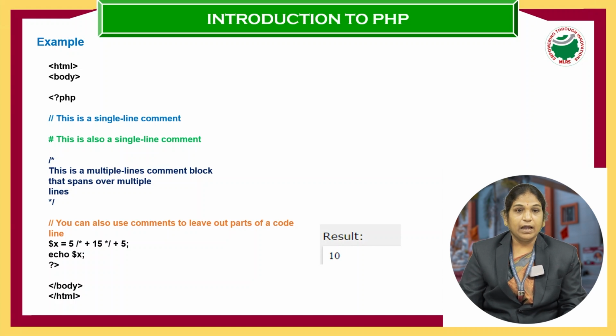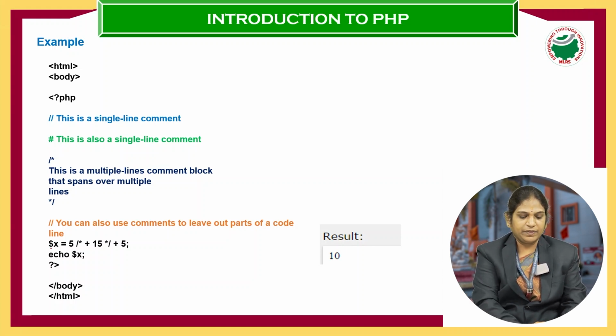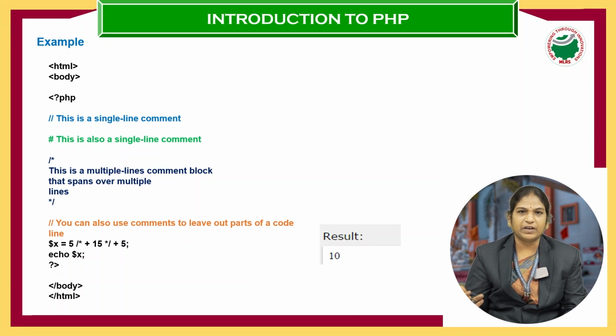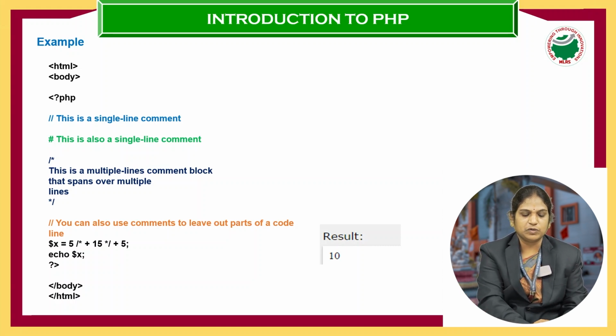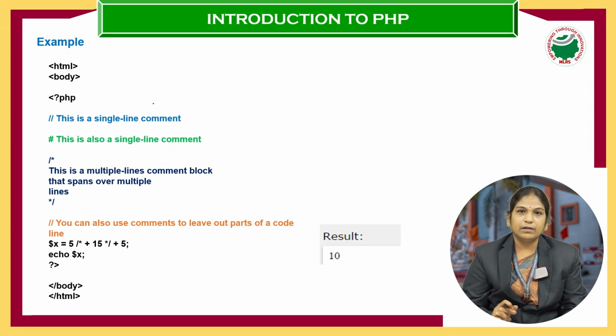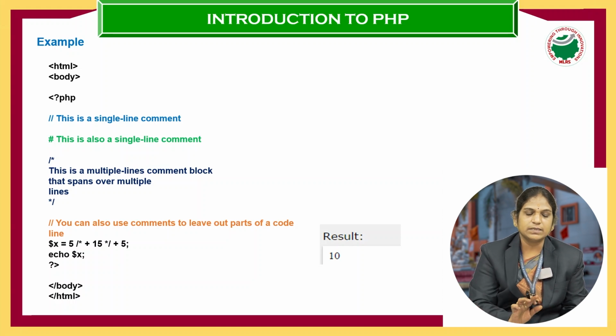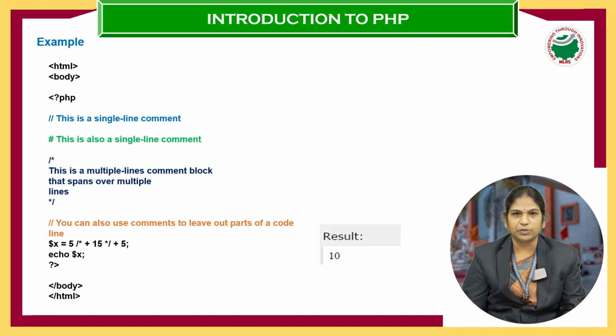Here, for example, I have taken one simple program, with HTML, body, and PHP code, to demonstrate the different types of comments. This is a single line comment. Here // indicates a single line comment. Next, a hash symbol is also used to represent a single line comment.